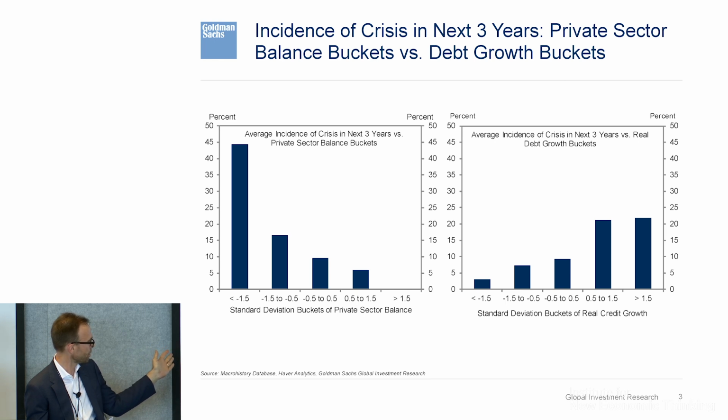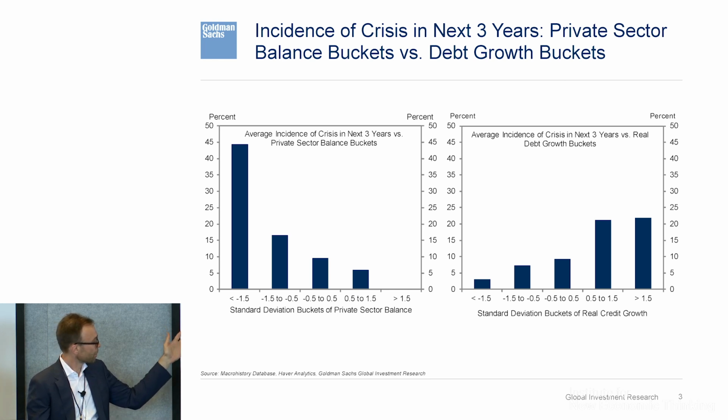The leftmost standard deviation bucket is -1.5 standard deviations. The rightmost one is +1.5 standard deviations. And then I looked at the incidence of a financial crisis in that data set in the following 3 years. And it seems like the private sector balance relative to its own history does a decent job in sorting the probability of crisis or the incidence of crisis.